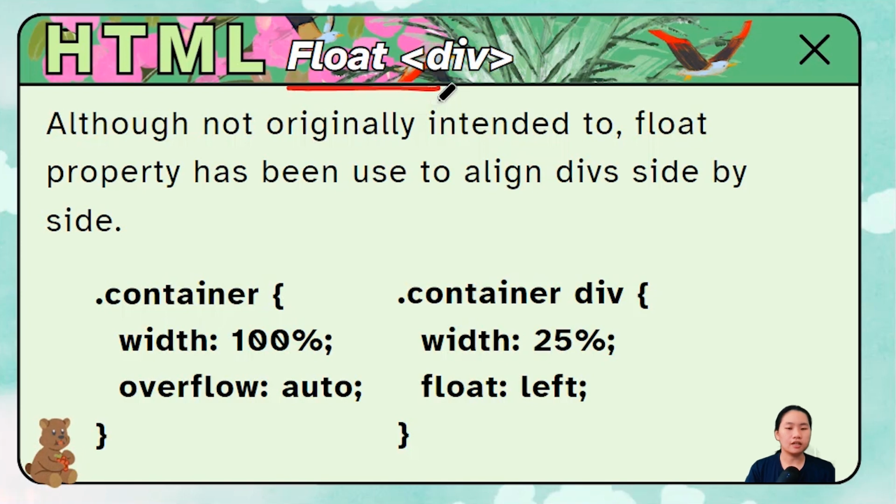But in practicality, most people have been using the float property to align divs side by side, okay?